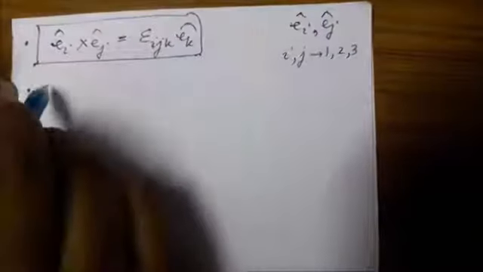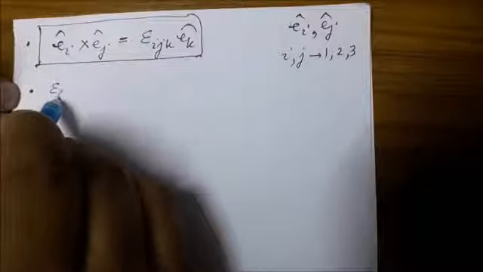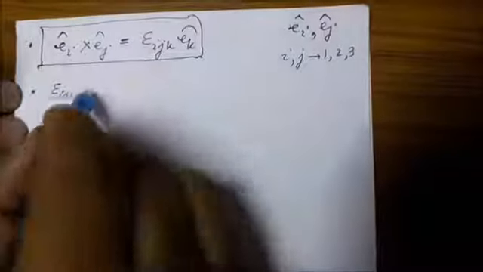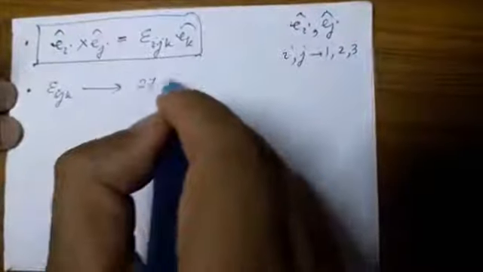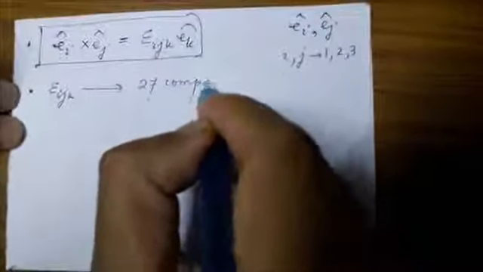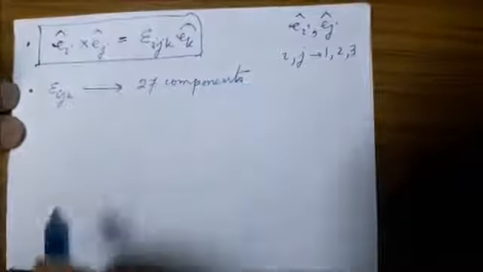It can be shown that Levi Civita symbol epsilon ijk has 27 components. Let us write down the 27 components.